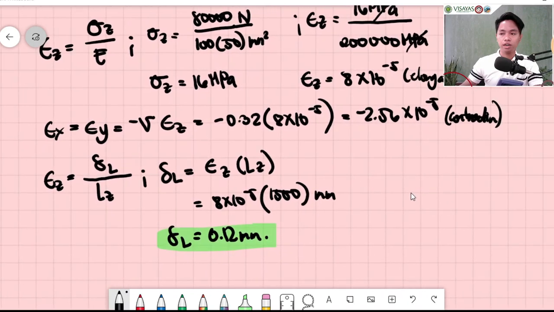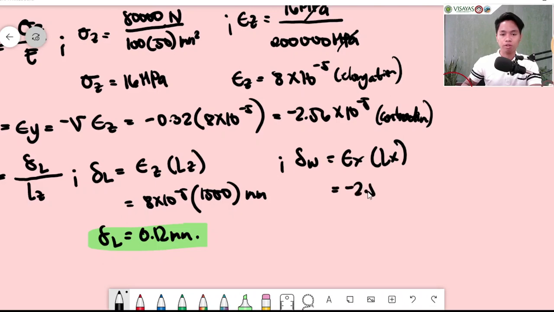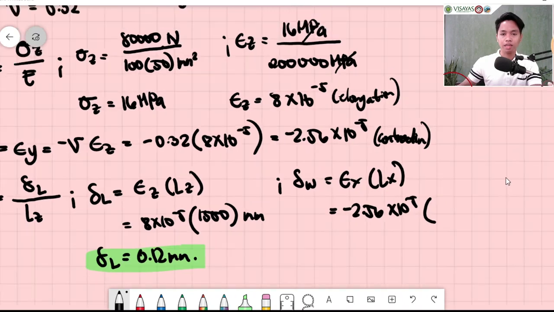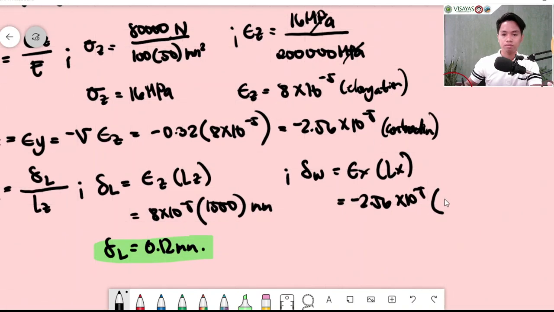Then for your change in width, that is concerned with X. So that would be the strain at X multiplied by your length at X. So that would be negative 2.56 times 10 to the negative 5. Your original length at X is 100. Okay guys, I am just doing it directly, but again, it is still based on our strain formula.